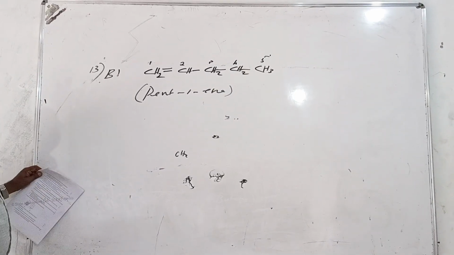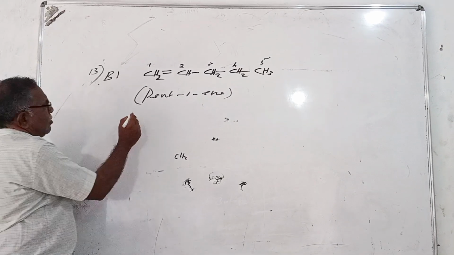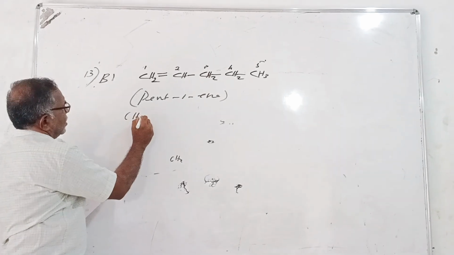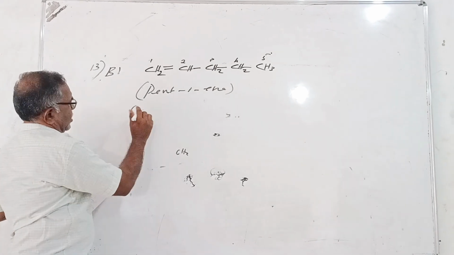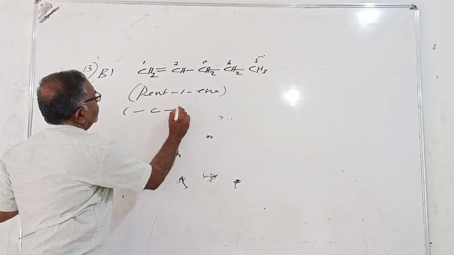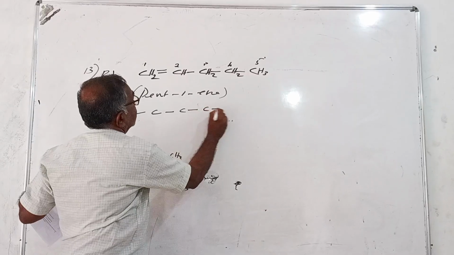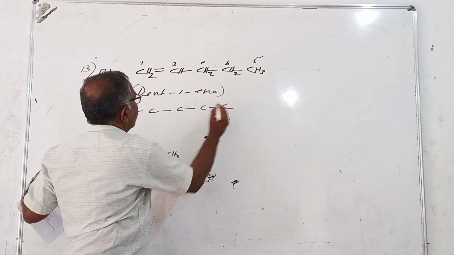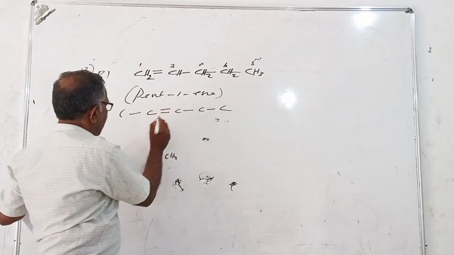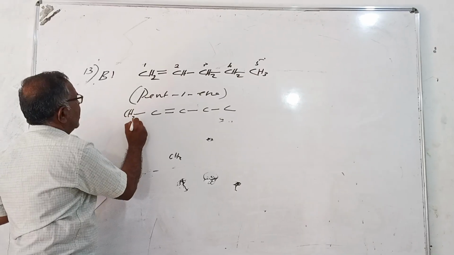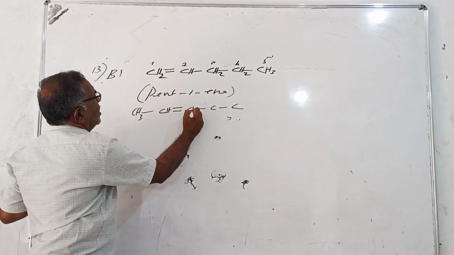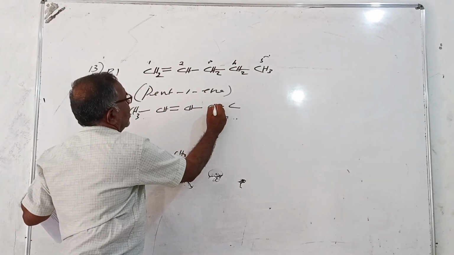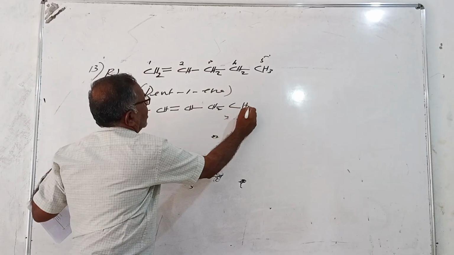We can change the position of the double bond. For the second carbon atom, give the double bond. Five carbons, give the double bond here, and put CH3, CH, CH, CH2, CH3.